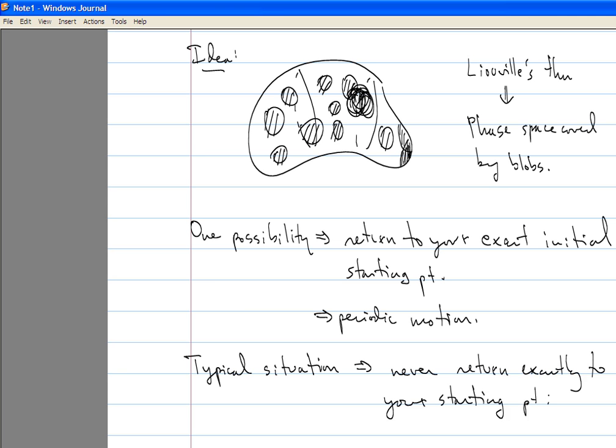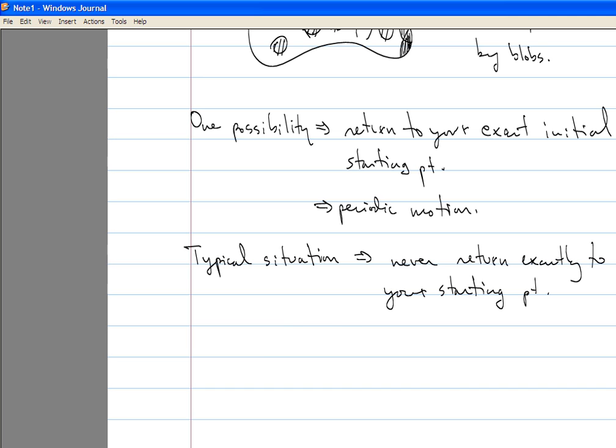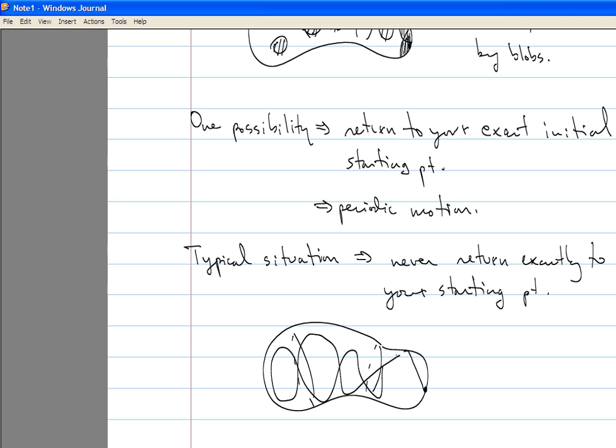And what would happen is that if you started with your starting point and you just drew a line that described how the system evolved in time, then this line would trace all over this allowed surface in phase space, but it would never return to the starting point.